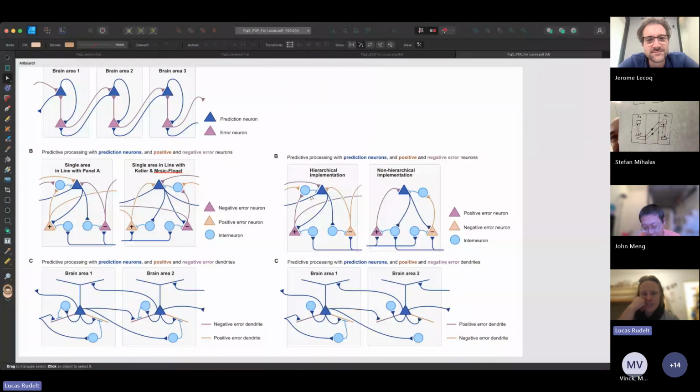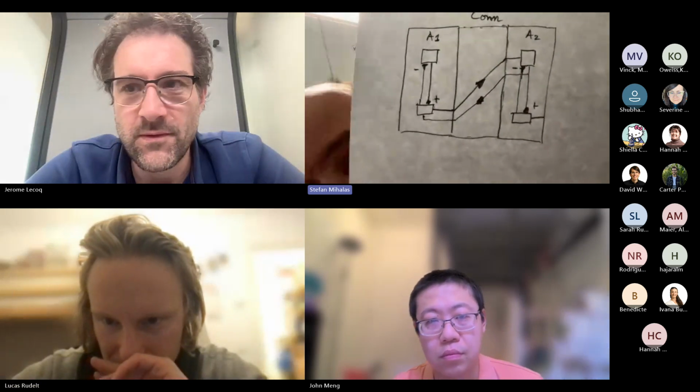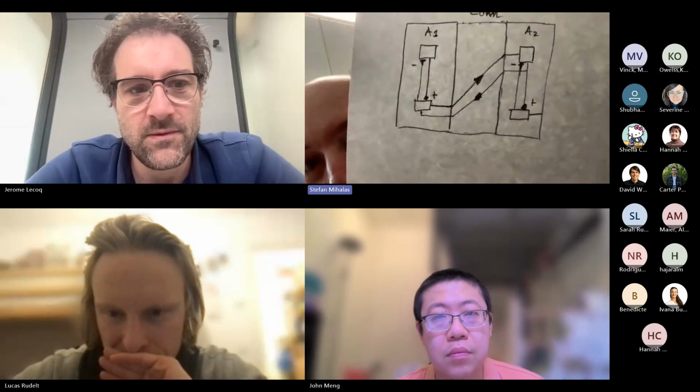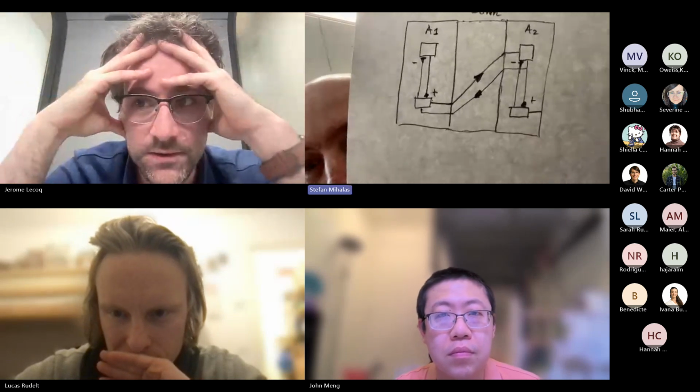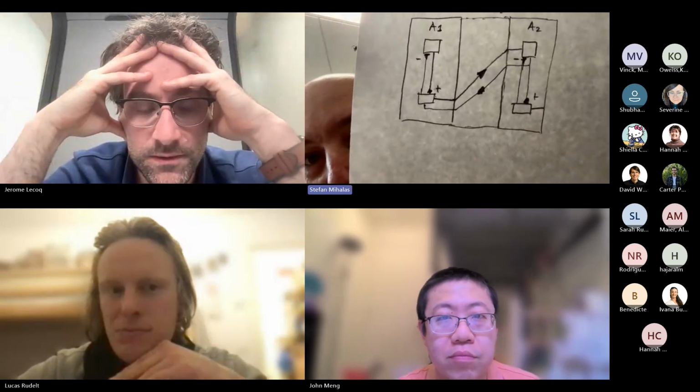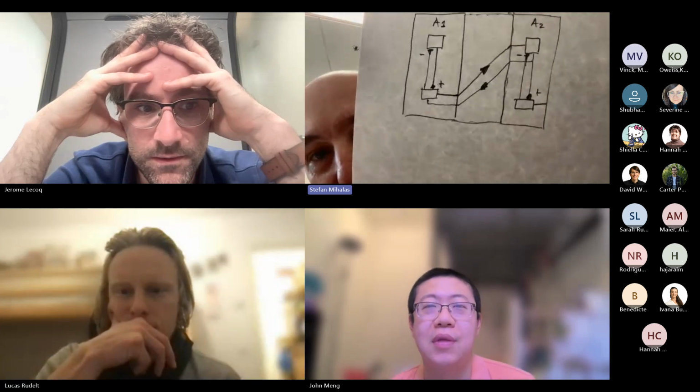So yeah, thank you, Stefan. Just as a quick schematic of what I'll show about trying things like this, but of course a little bit better drawn. This would be the equivalent of panel A, to try to emphasize the differences between within area and between area, and to be able to describe them.